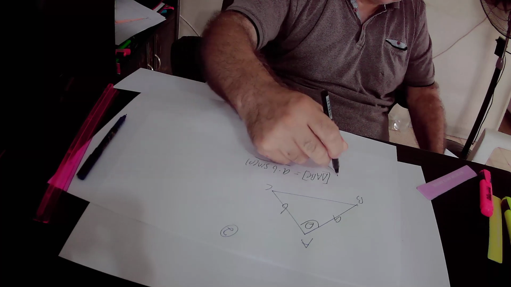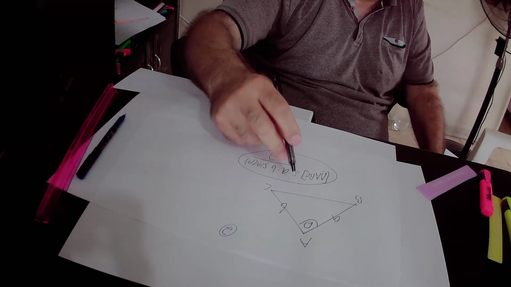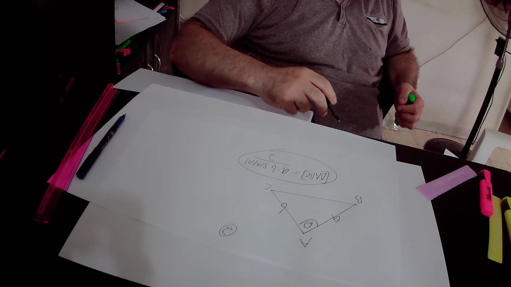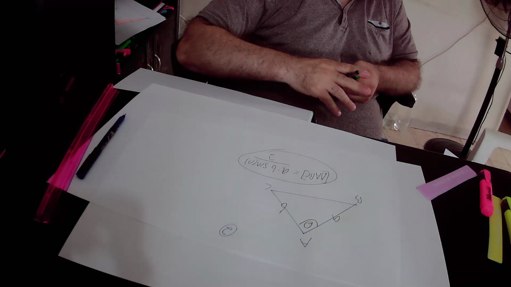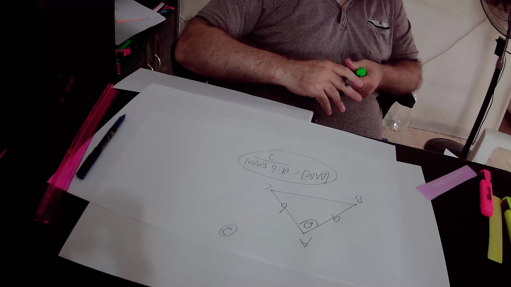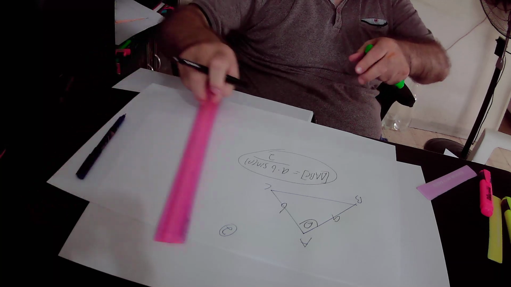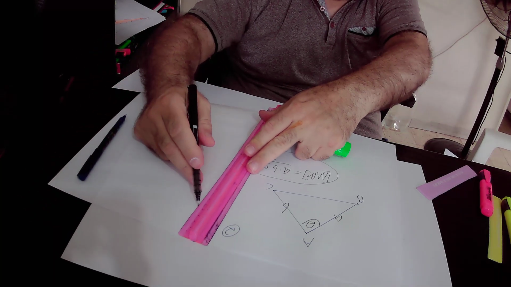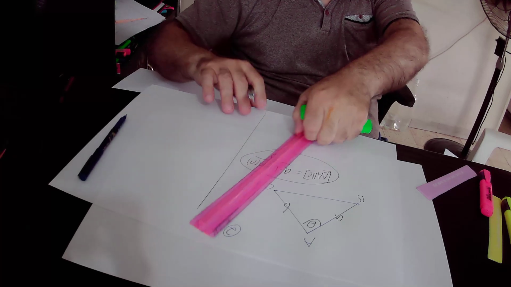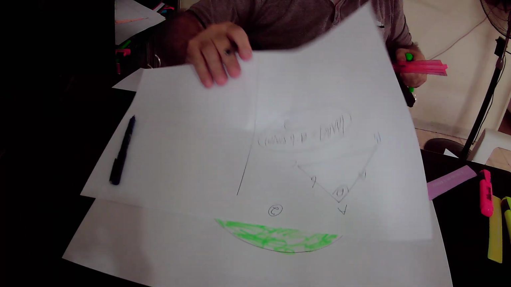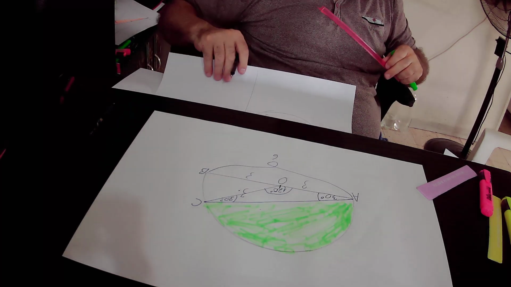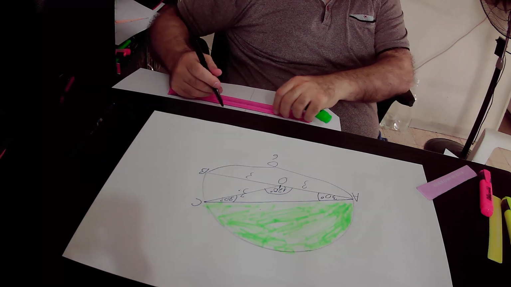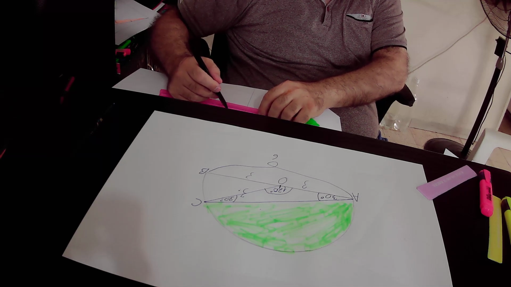I'll repeat again: the area of this triangle, that could be any triangle, equals A times B times sine theta over 2. We'll implement this new formula in order to find out the area of triangle AOC. So I copy triangle AOC here on the new page.